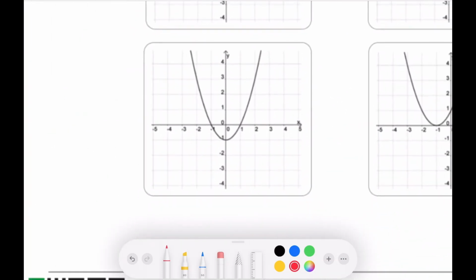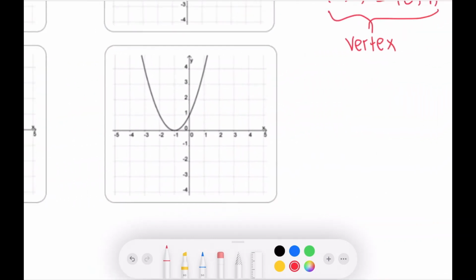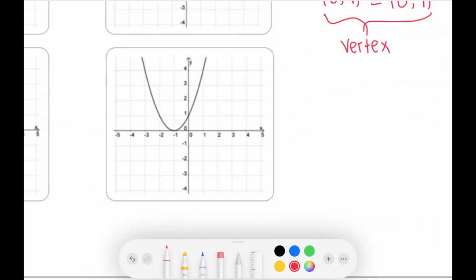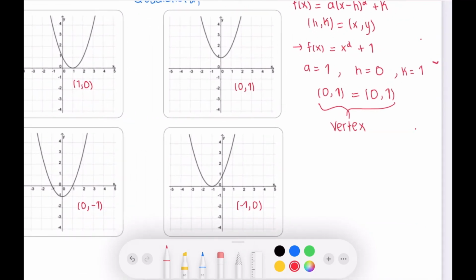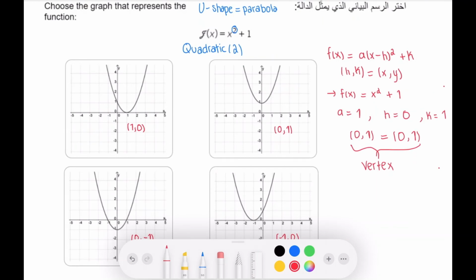In the third graph, it would be 0 and negative 1. And in the fourth graph, it would be negative 1 and 0. So let's see which one of these has a vertex of 0 and 1. And that would be the second graph. So the second graph would be the right answer.